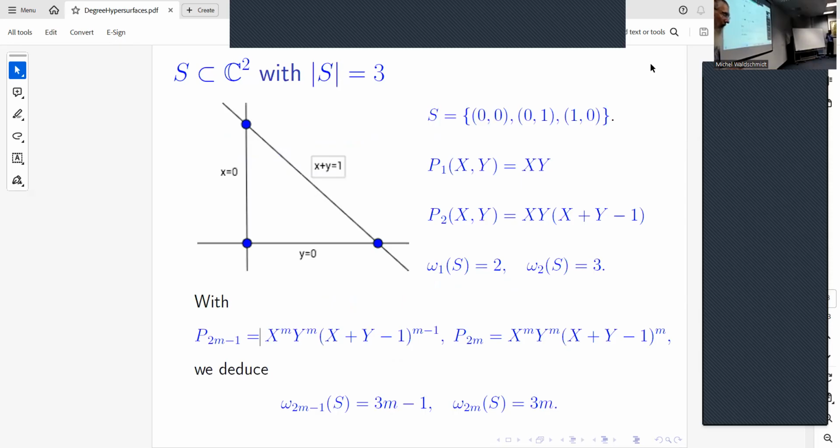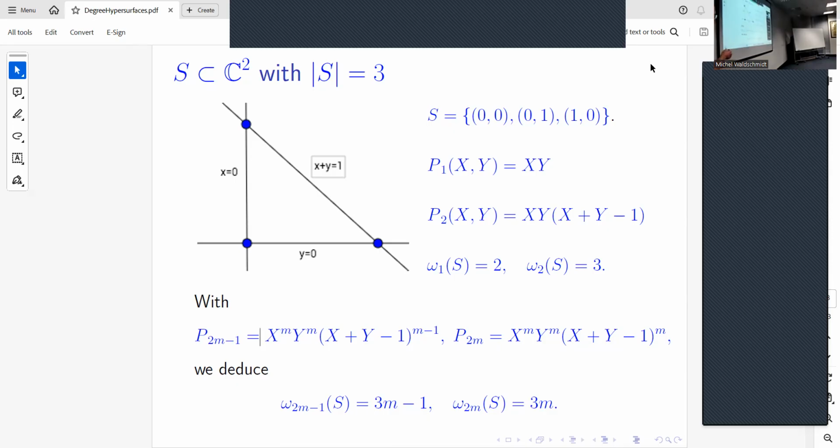If you take a set with 3 points, then it becomes interesting, because if you want a polynomial which passes through all those points, if the 3 points are not on a straight line, you need a polynomial of degree 2. But if you want to have a multiplicity, it's sufficient to take the product of the three lines, which has degree 3, as there are 3 points.